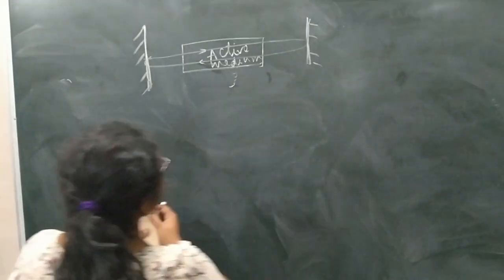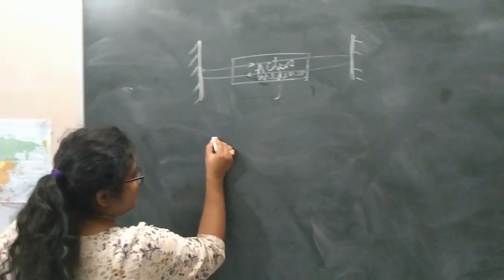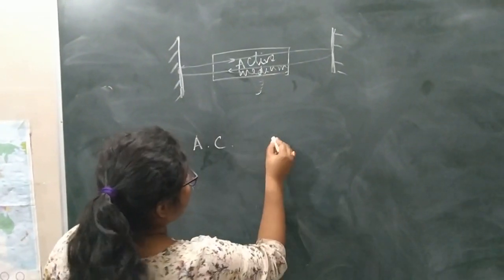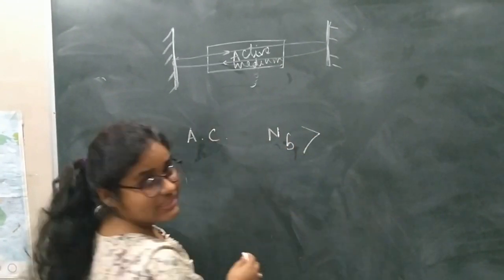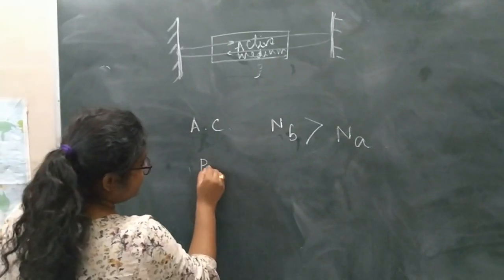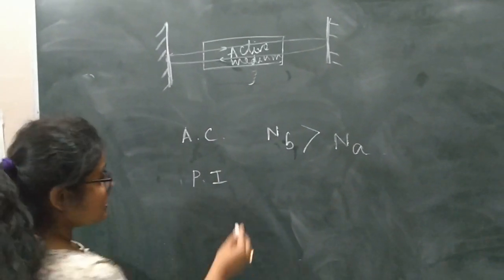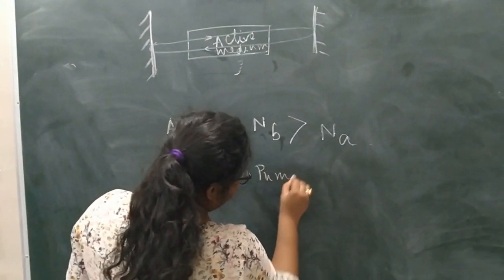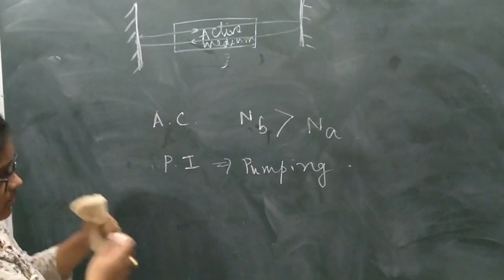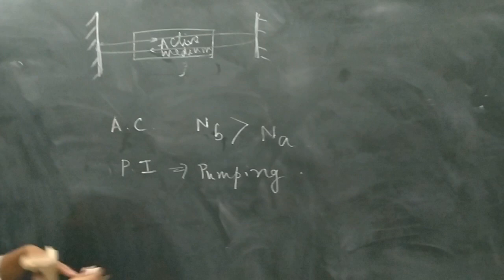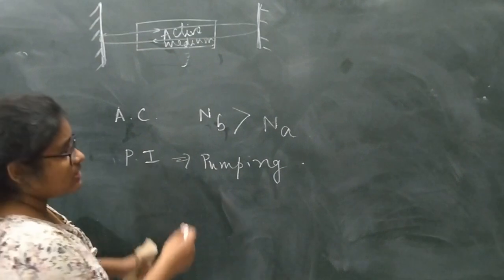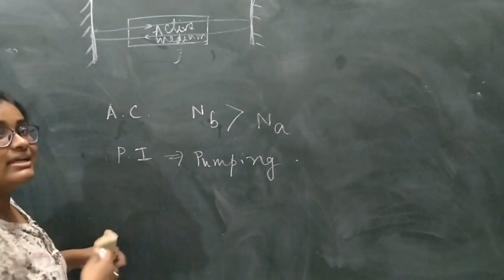So what we have learned today is that for the laser we need an active medium which is capable of population inversion. Means you need a higher level that is more largely populated than a lower level. Another is that population inversion may be achieved in various ways. This process is called pumping. The pumping process may be optical pumping, it may be biasing, some kind of forward bias, and it may also be resonant energy transfer, just like the helium neon laser.